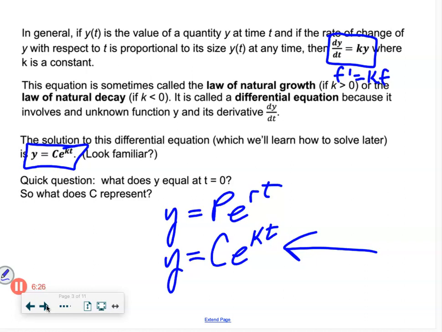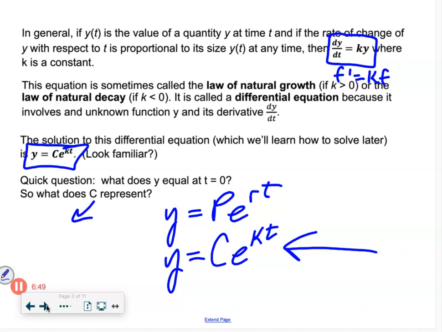Okay, before we move forward, quick question. If my time is 0, if I plug in a 0 for t, what do I get? e^0 is 1, which means my y equals C, right? So whenever you're at time 0, your amount is C. So what does C represent?